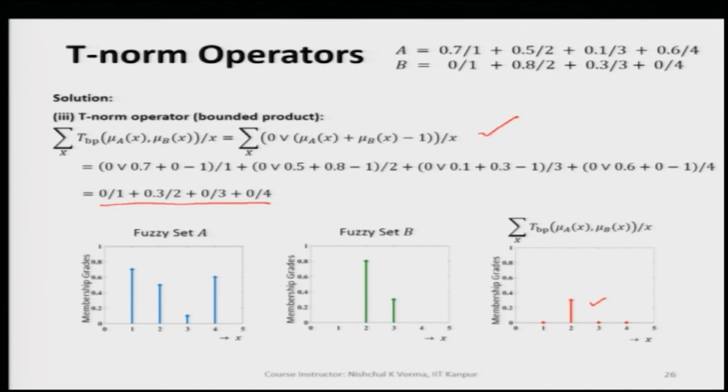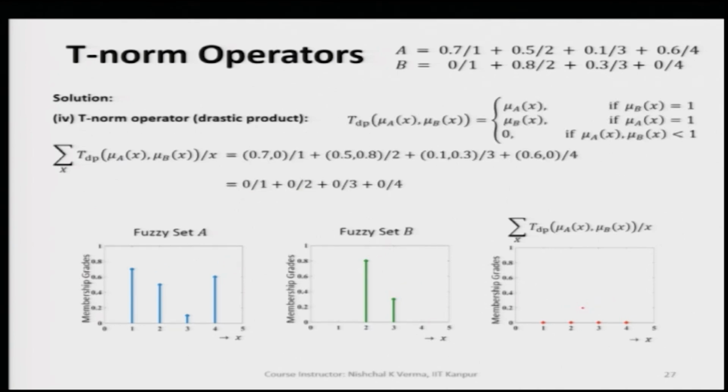In one fuzzy set we have 4 membership values, and in the other we have 2 membership values, but as the outcome we are getting only one membership value. So, when we are interested in the T norm as the bounded product of these two fuzzy sets, we are going to get this as the outcome.